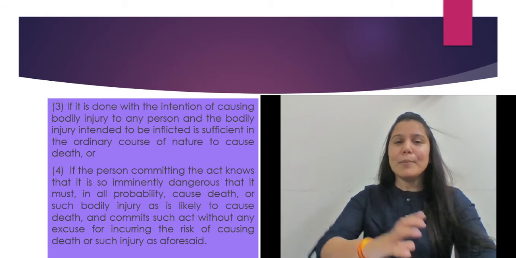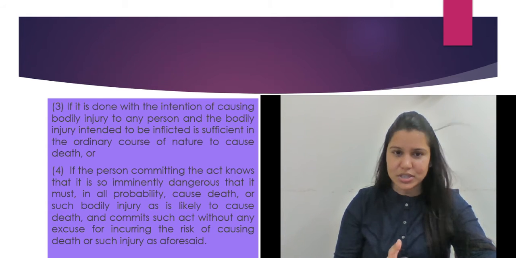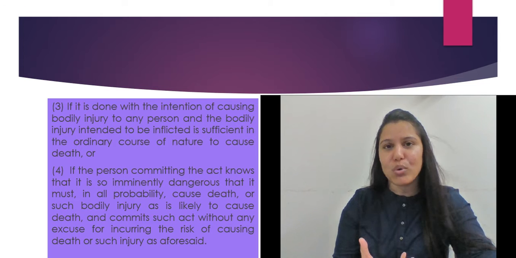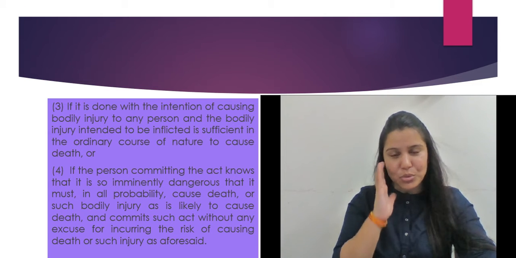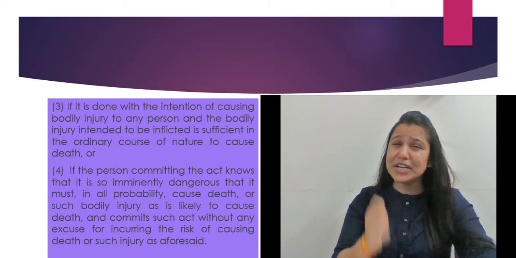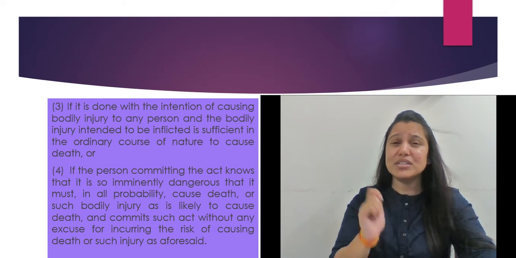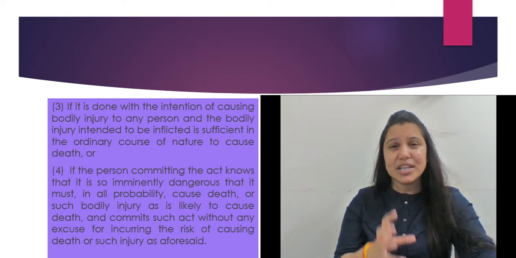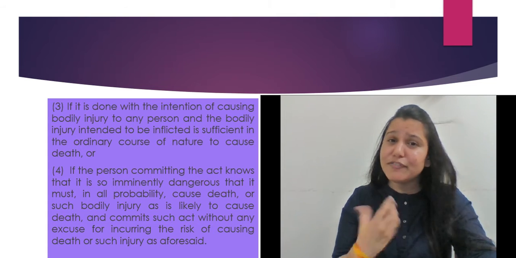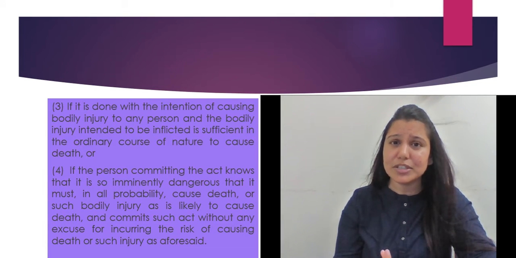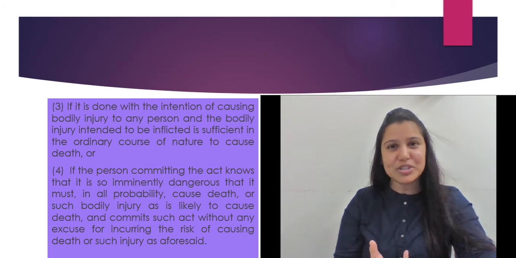In the sufficient course, it is known to everybody that if somebody hits with a rod stick 20, 30 times, then that injury is sufficient in nature to cause the death of the other party. So that is sufficient in nature.